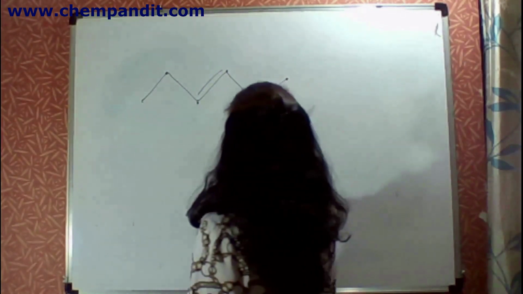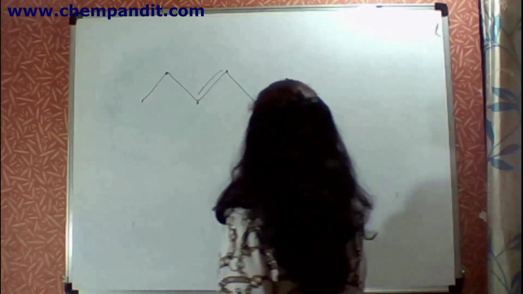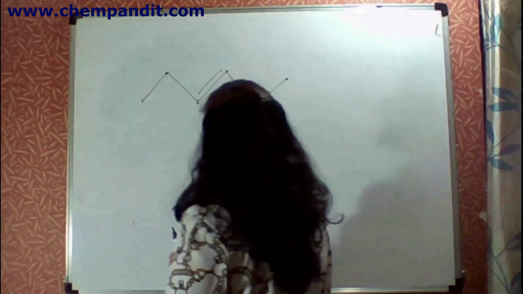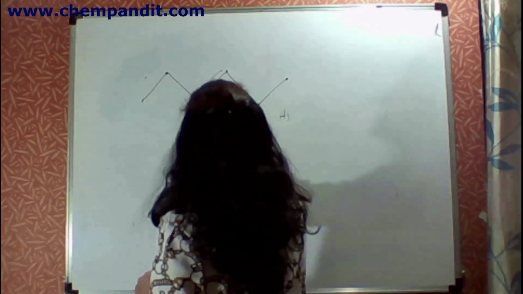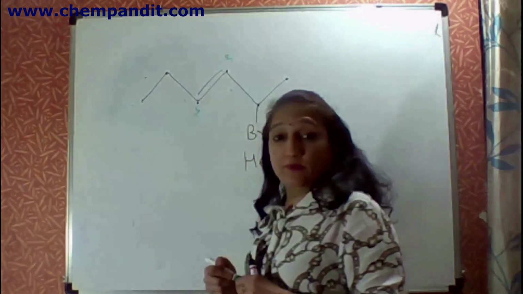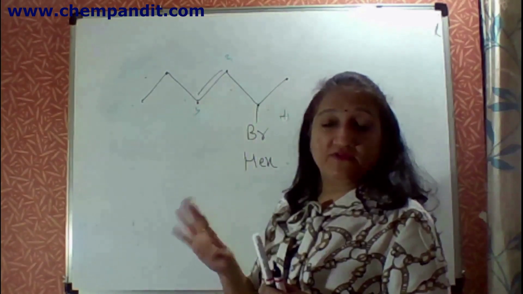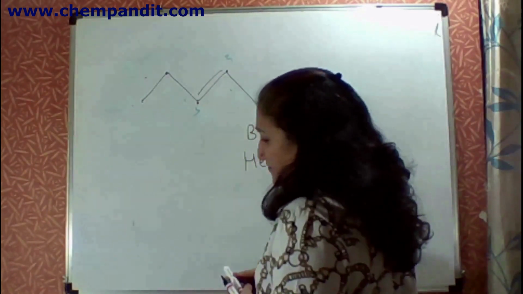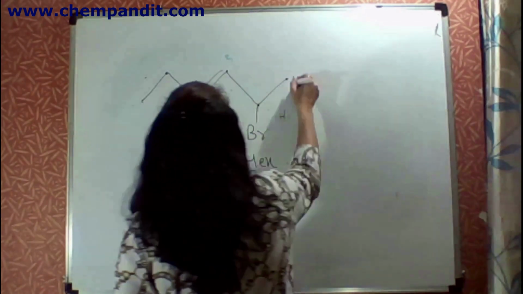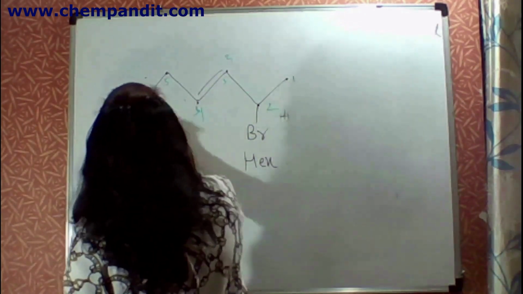So total we have 1, 2, 3, 4, 5, 6 carbon atoms. So hex. If we number this compound from this way 1, 2, 3 or from this way 1, 2, 3, in both the cases the double bond is at 3 position. So we can number it from either of the ways. Clear? So let's number it like this: 1, 2, 3, 4, 5 and 6.